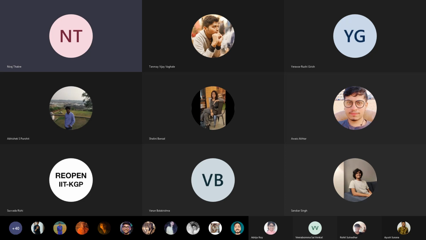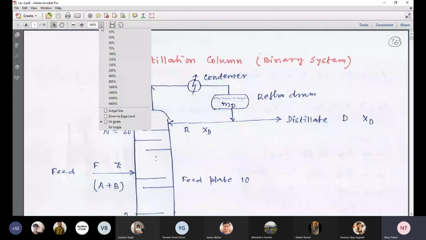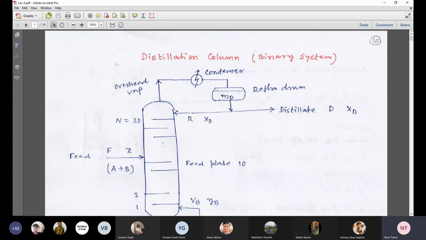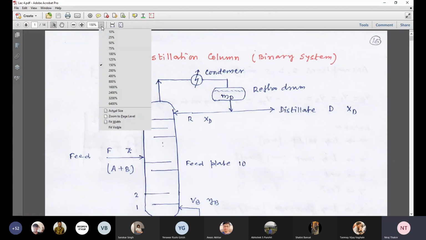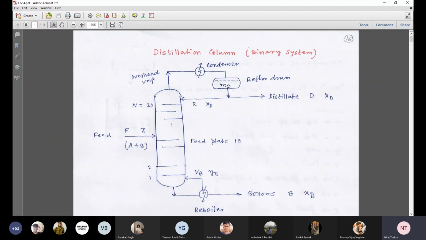And perhaps this is a very important process for all of us as chemical engineers. I think we have discussed this process briefly. This is a distillation column. I don't know whether I told you the importance of distillation or not.